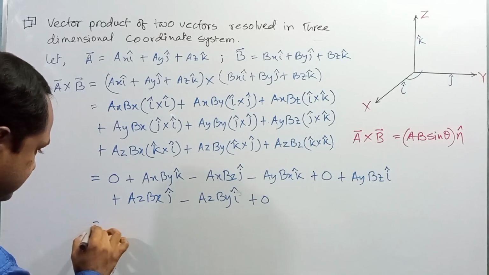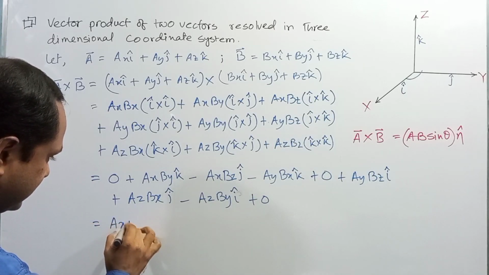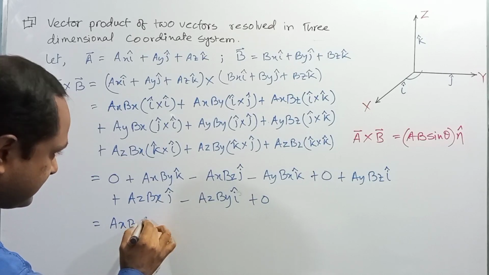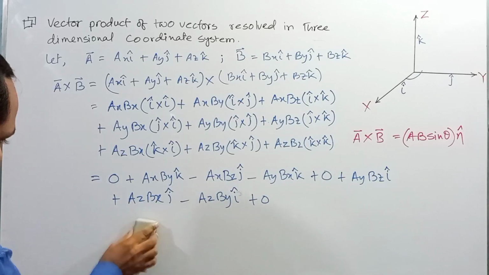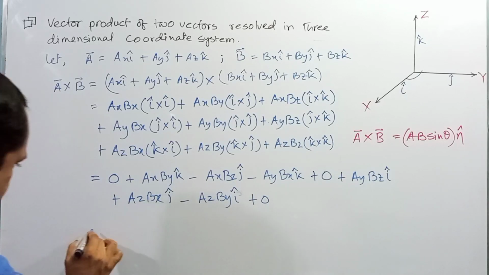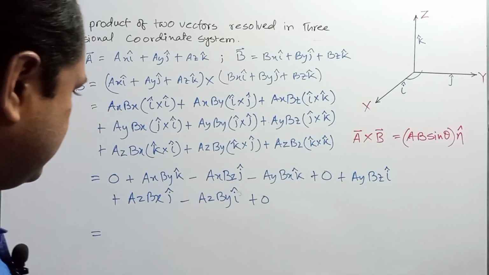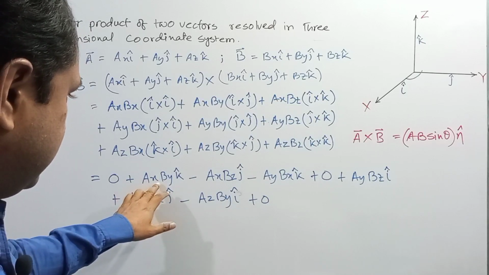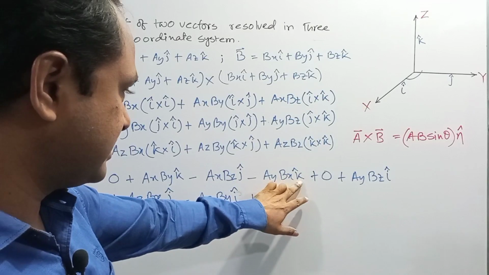So our expression becomes ax by. Dear student, among the remaining 6 terms, 2 are associated with k, that is ax by into k and minus ay bx into k.